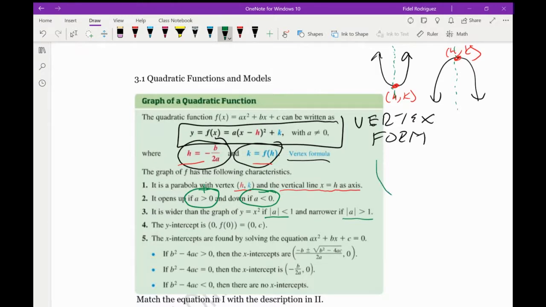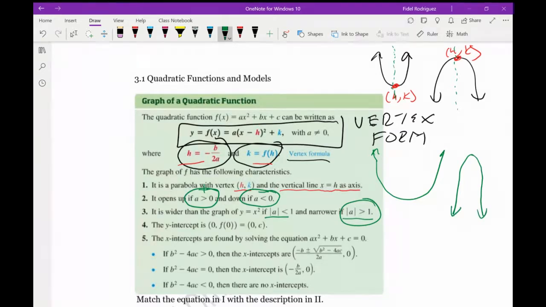And if a is like +3 or -2, the graph is going to be real narrow. Whether it opens up or down, it'll just be more narrow.